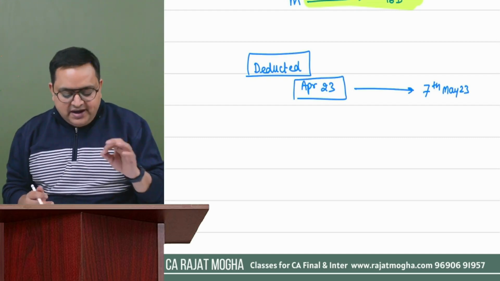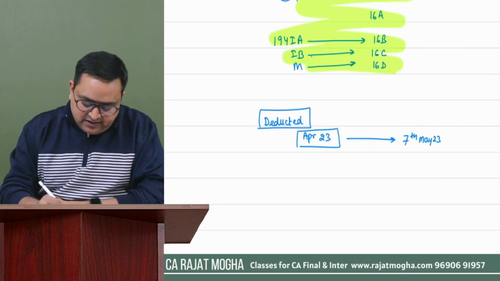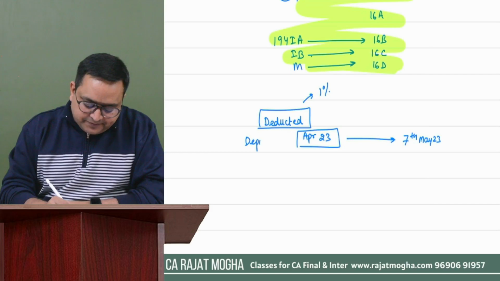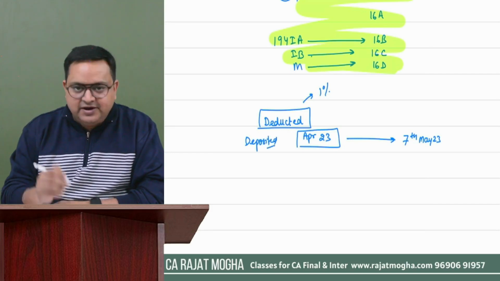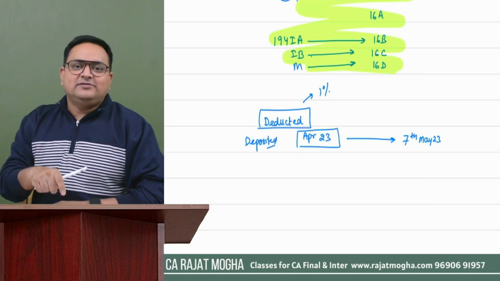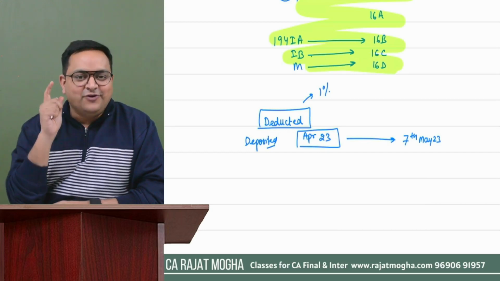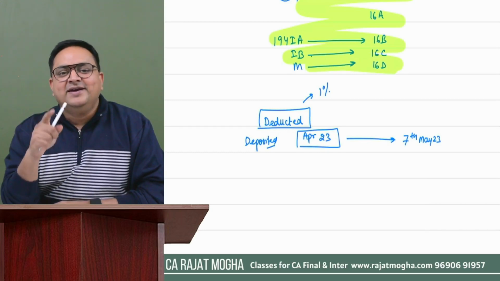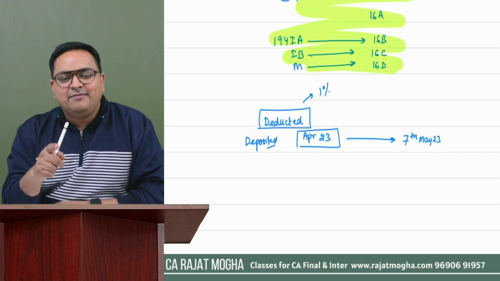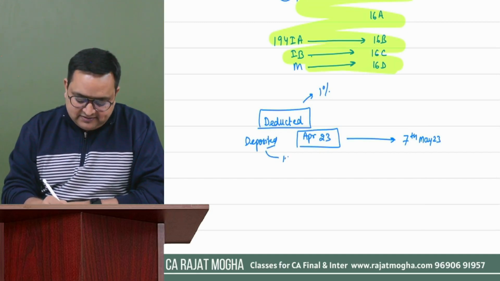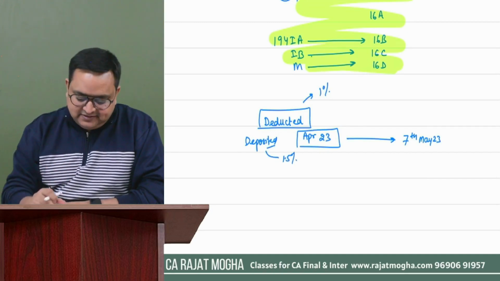If you have not deducted, then 1%. But if you have not deposited, it means you have deducted and you are keeping that money with yourself. It's not your money. It is the income tax department's money. So if you have not deposited the amount, there would be an interest rate of 1.5%. I'll be discussing that.